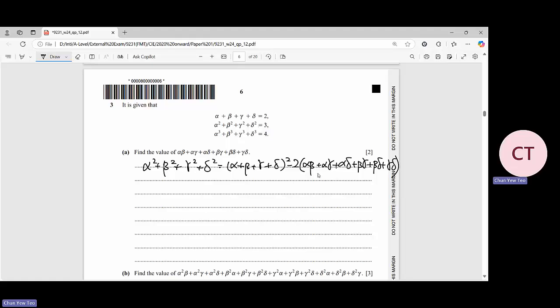So this is what we want to find. What you need to do now is just put 3 here, 2 here, minus this.